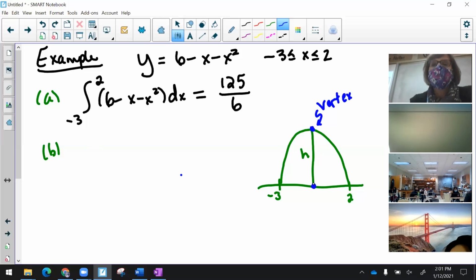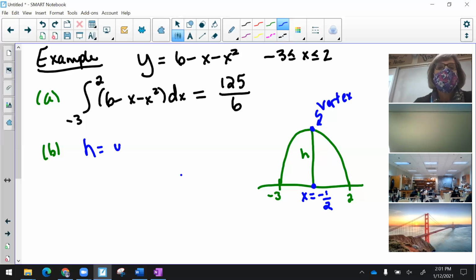Okay, so we need to figure out what that x value is. What's that x value going to be in the middle there? -0.5. Okay, so -0.5. And then the height that we're looking for is going to be y of -0.5, which will be what?